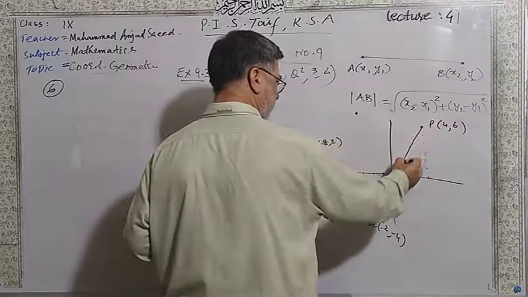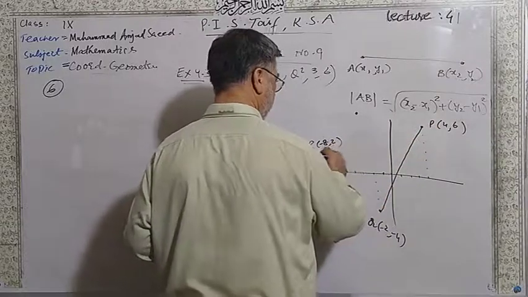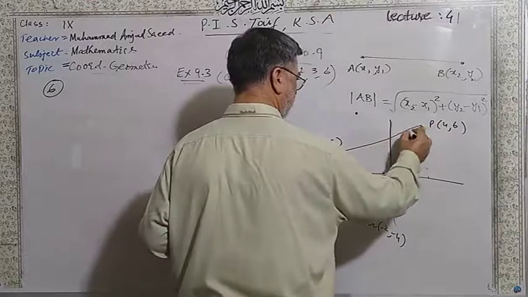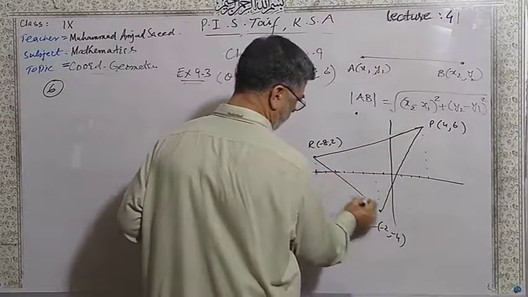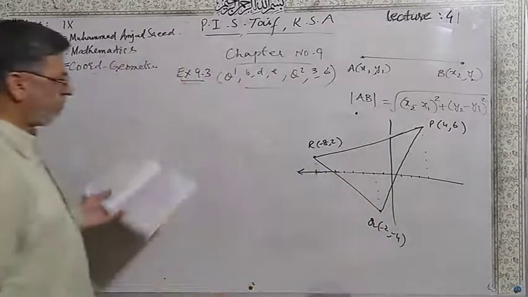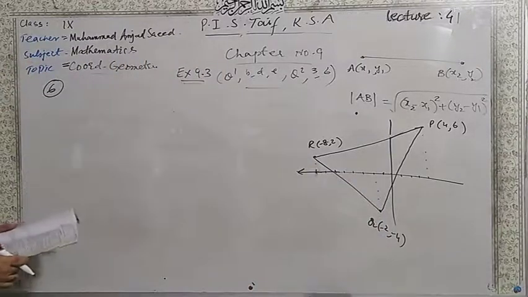We will join them to make the triangle. This is your rough sketch of triangle PQR. What is given?